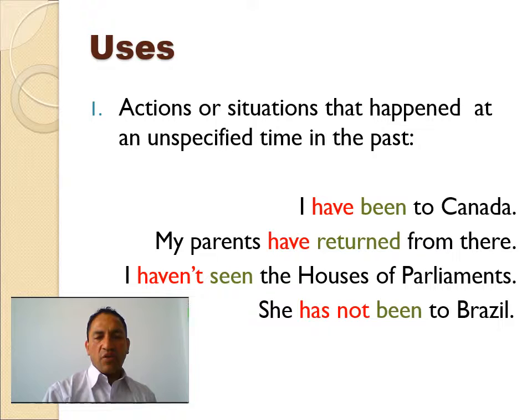She has not been to Brazil. These four examples show us that these actions happened at an unspecified time in the past. We don't know the time expression as in the simple past. We know only the general information.